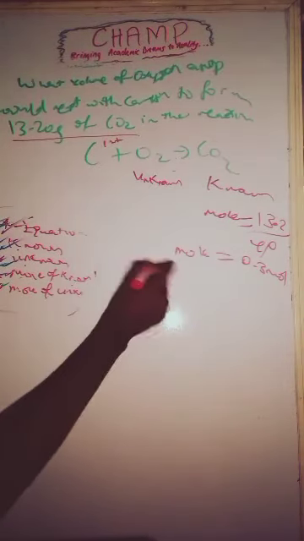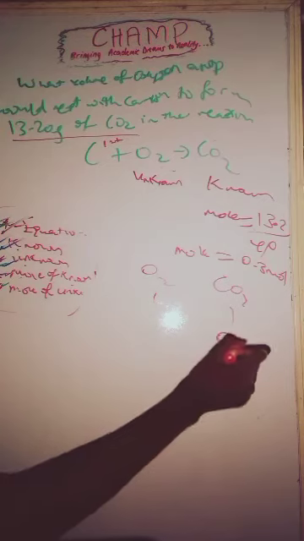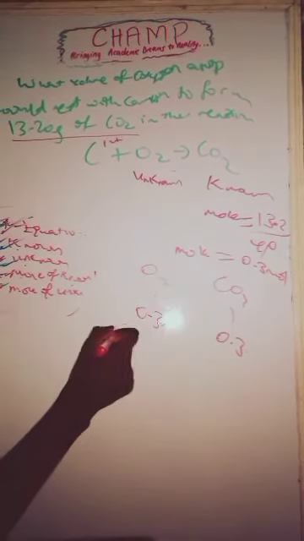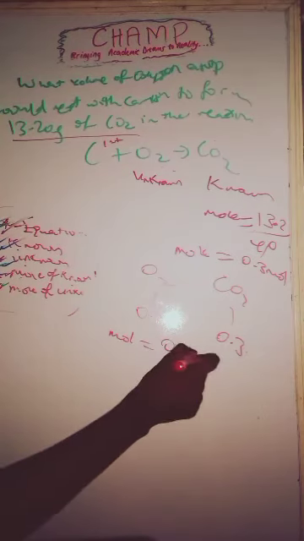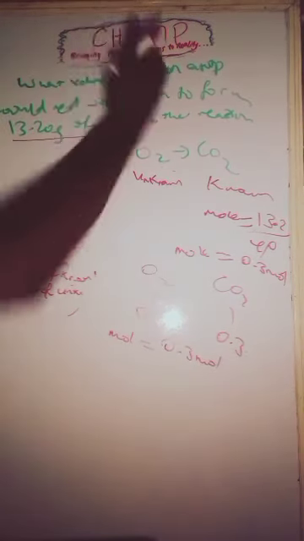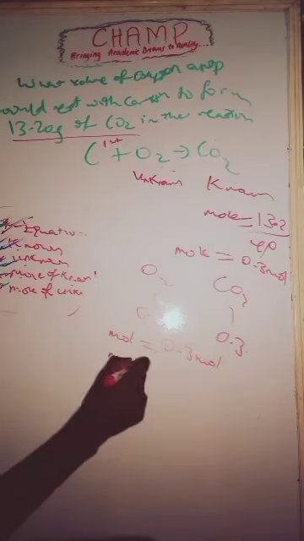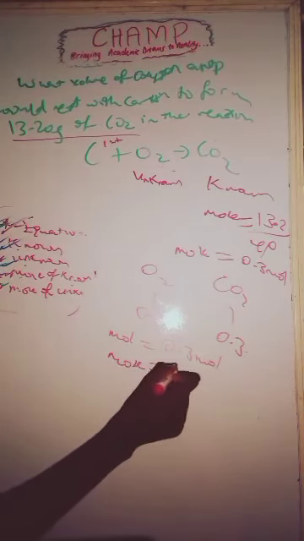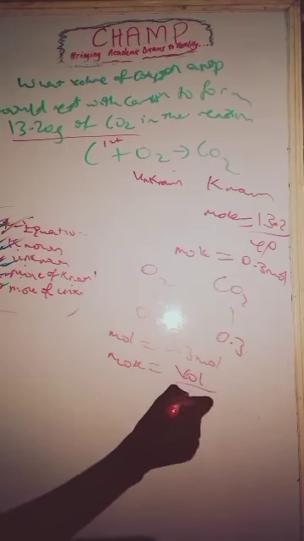They are 1:1. So this one will be 0.3 mole too. What do you have to find? What volume of oxygen? What formula relates volume with mole? Mole is equal to volume over molar volume.